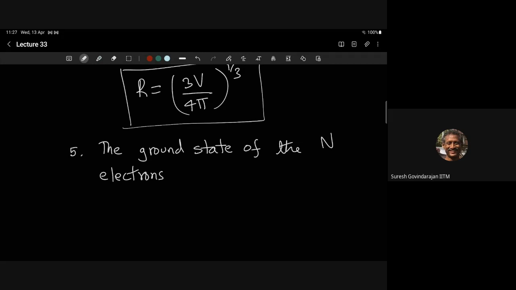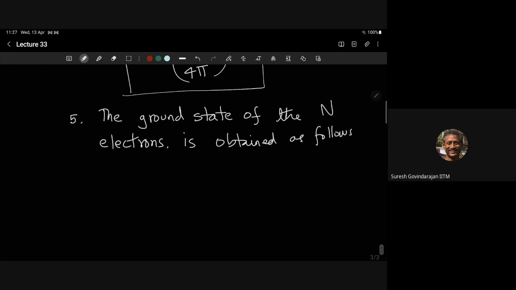Okay, so this is obtained as follows. n will be 2, which is the degeneracy, times the integral, and we'll assume spherical symmetry, d³x d³p by h³. We have to do this integral up to some limit.